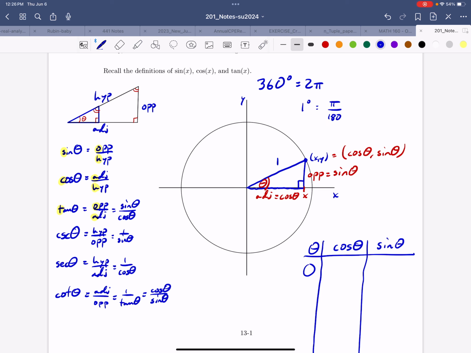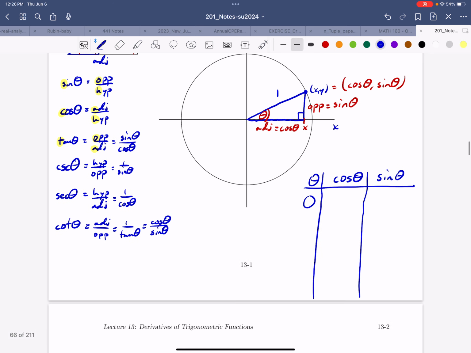Just divide both sides by 360. However many degrees you want, just multiply pi over 180 by that. So anyway, we're thinking about this in terms of radians, though. 0 radians corresponds to 0 degrees.